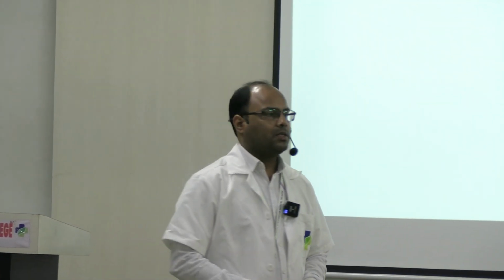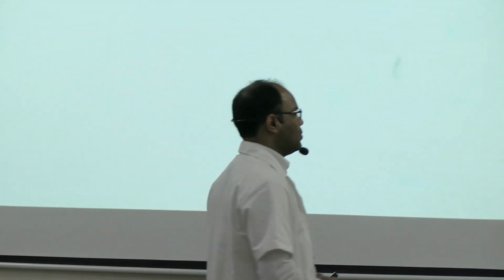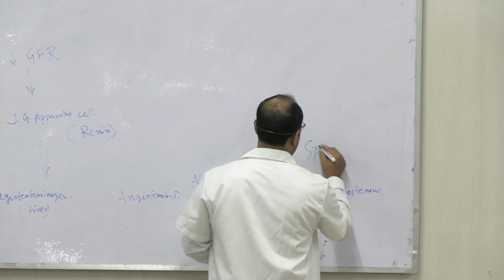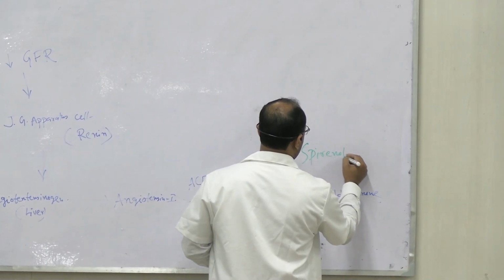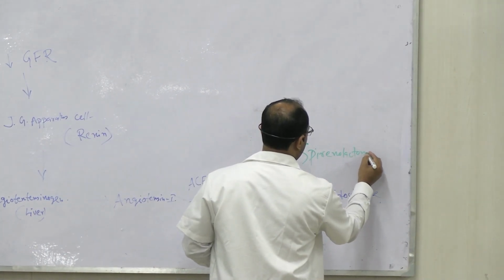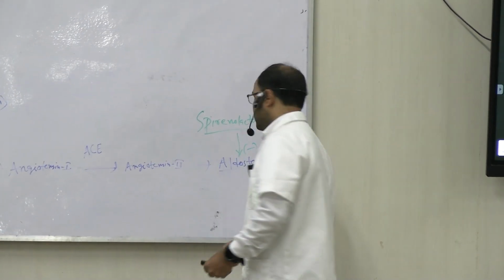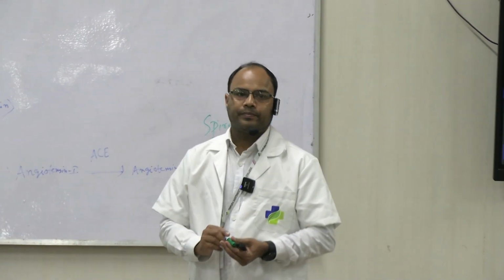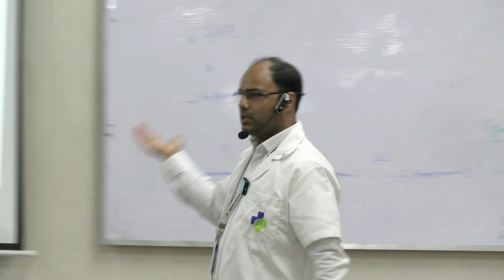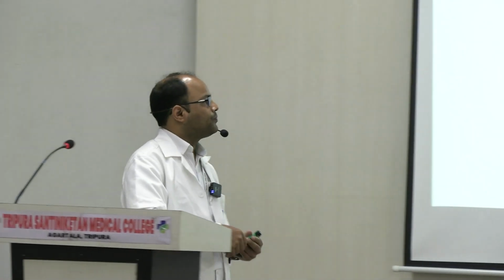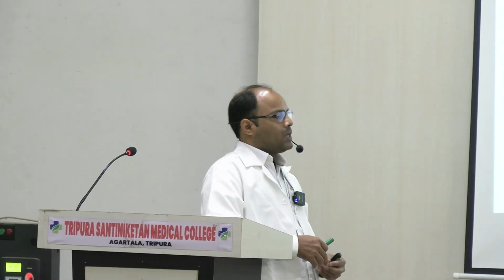Just listen to this, spironolactone. This drug can inhibit the aldosterone receptor, so by this way we can stop this system. So again, RAAS system.